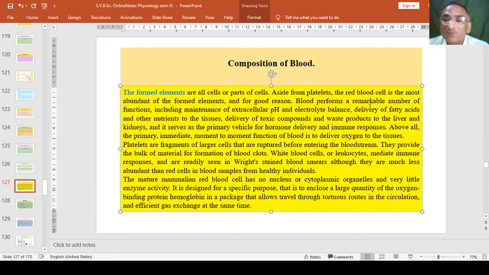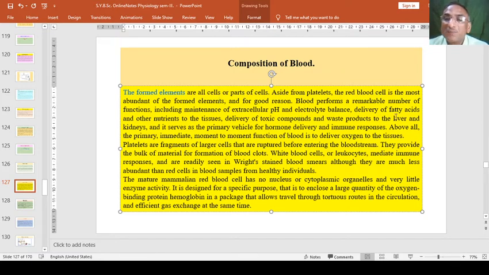Blood performs a remarkable number of functions, including maintenance of extracellular pH and electrolyte balance, that is, the water and salt balance of the body, and sugar elements and water.